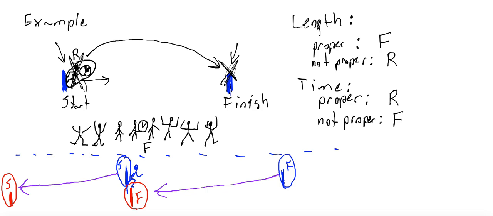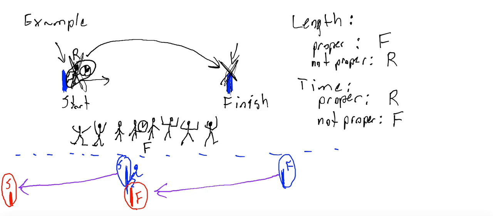For him, his clock is always with him, and he cannot measure proper length, because at the beginning, the start line is at the position where he is and the finish line is in front, and at the end of the event, the finish line is at his position, and the start line is behind him. So I hope this example is a very good explanation of the difference between proper time and proper length.